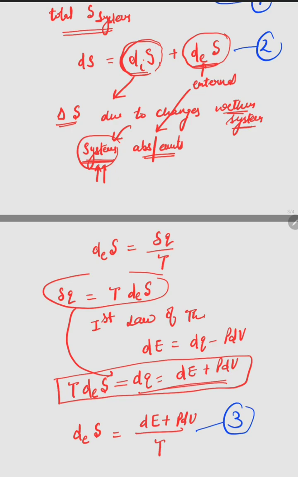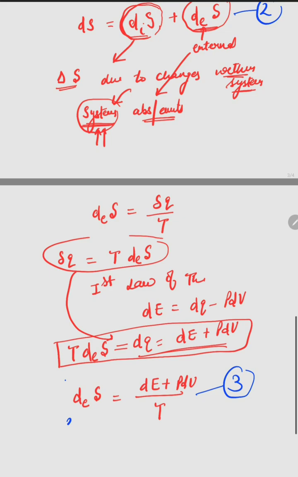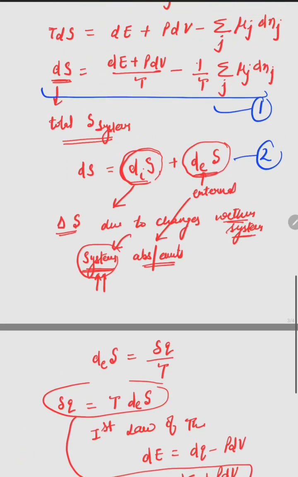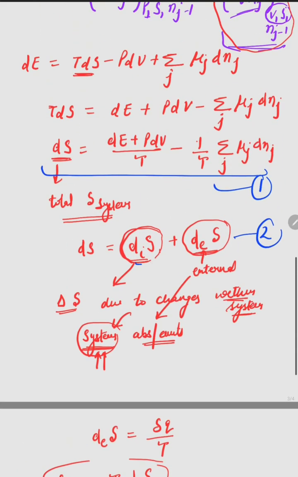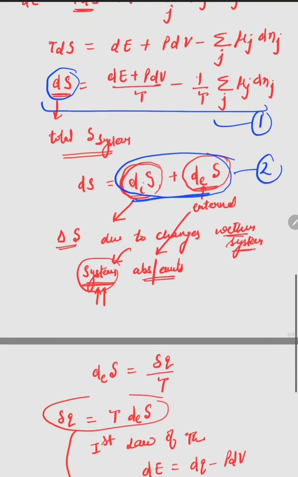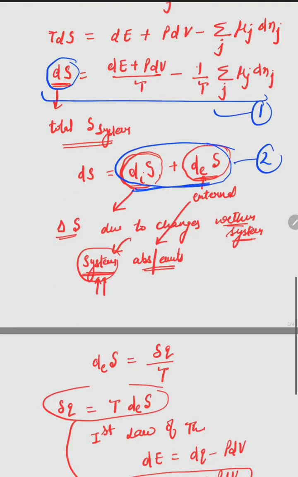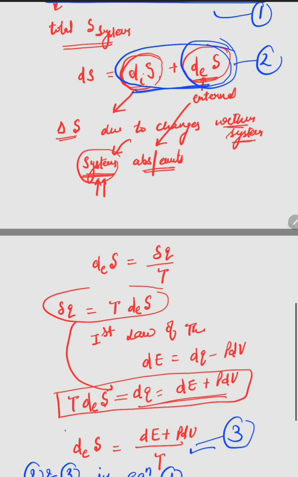Okay, put equation number 3 and equation number 2 in equation number 1. In the second equation, dS is given by d_iS plus d_eS. So the left side of the first equation is replaced with this one, and in the second equation, d_eS is given by this formula.